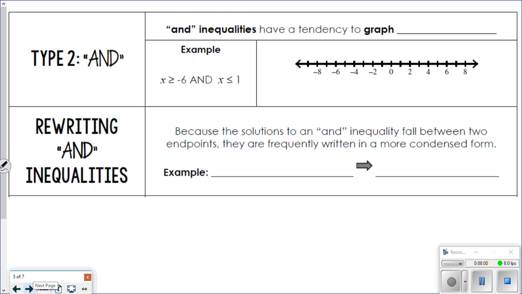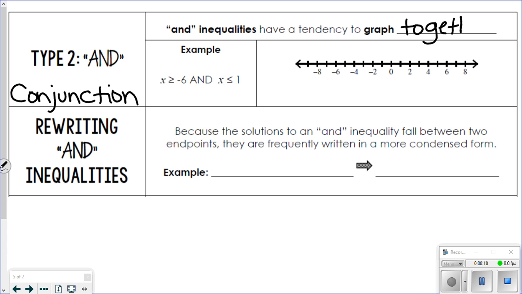All right, let's look at and inequalities. So this is a conjunction. And inequalities have a tendency to graph together or in the middle or to connect. So if we were to graph this one, it says x is greater than or equal to -6.